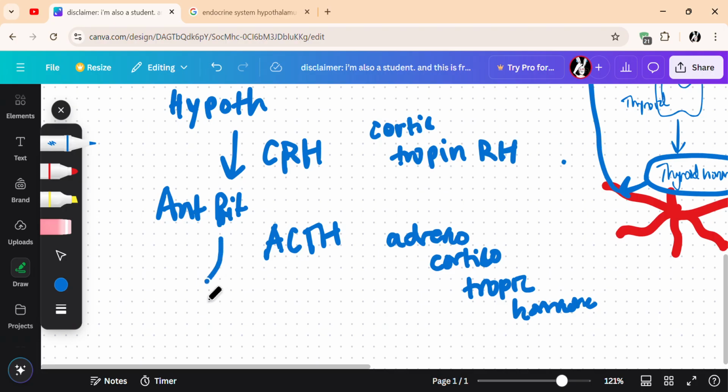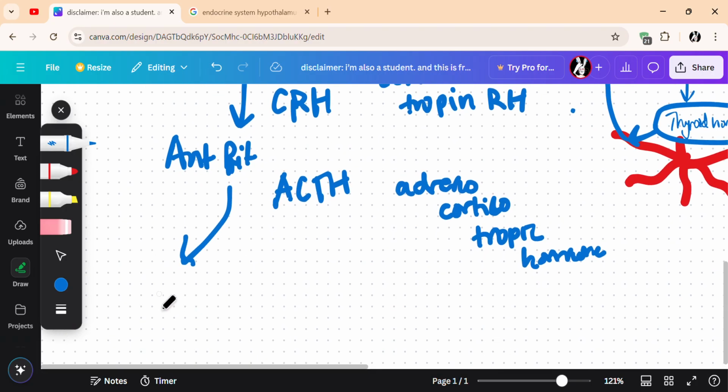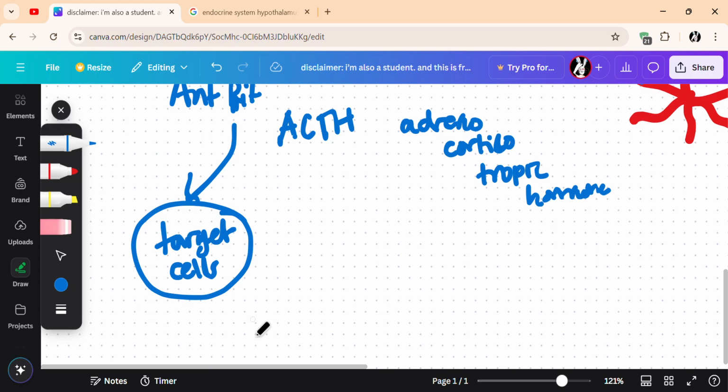And this will go into its target cells and release cortisol.